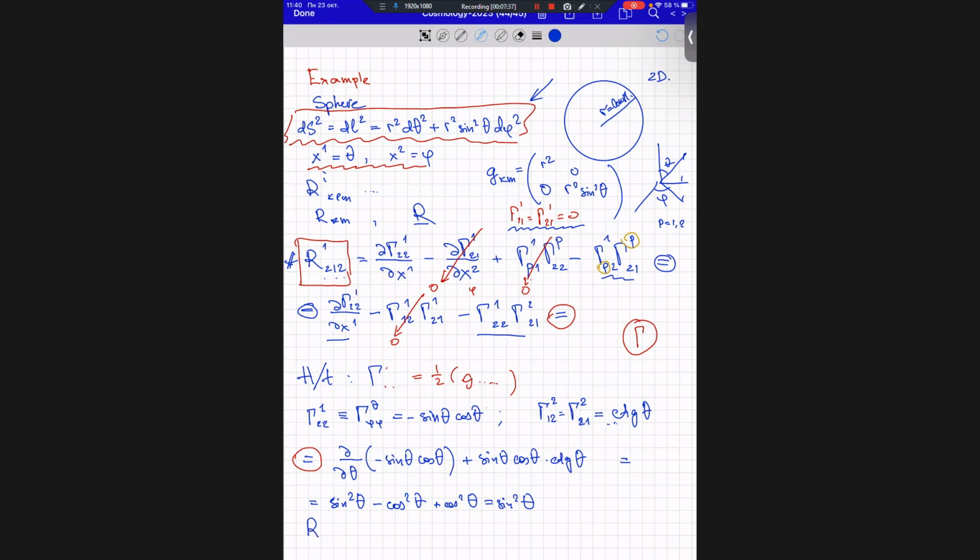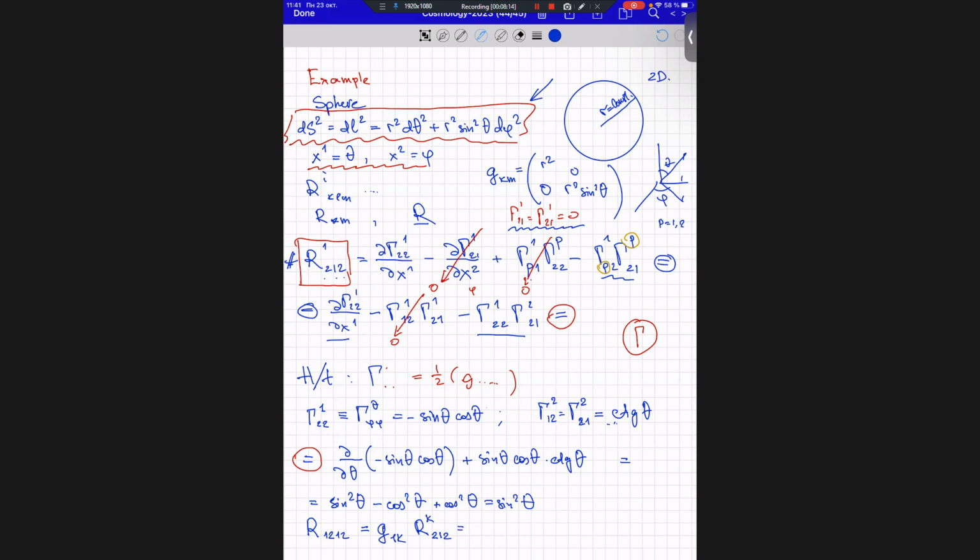So what I need to do is write, corresponding to the rule of lowering or raising indexes, R_1212 as g_1k R^k_212, where k is the summation index.